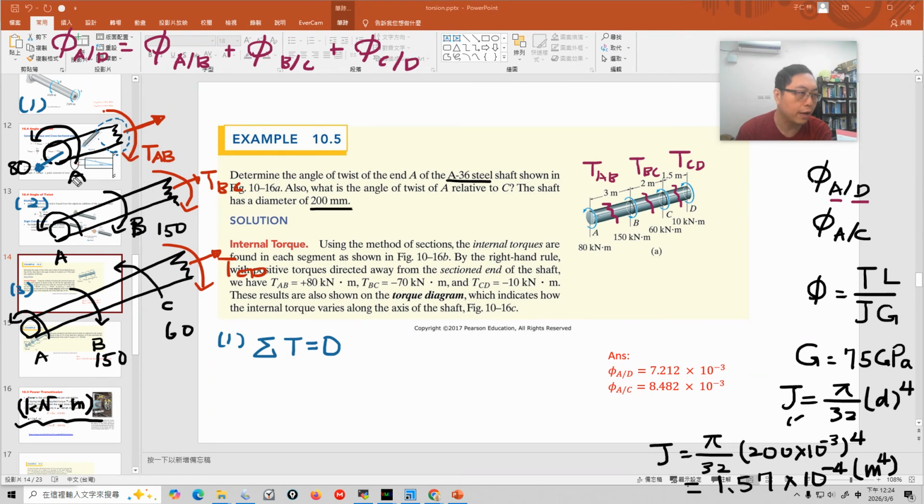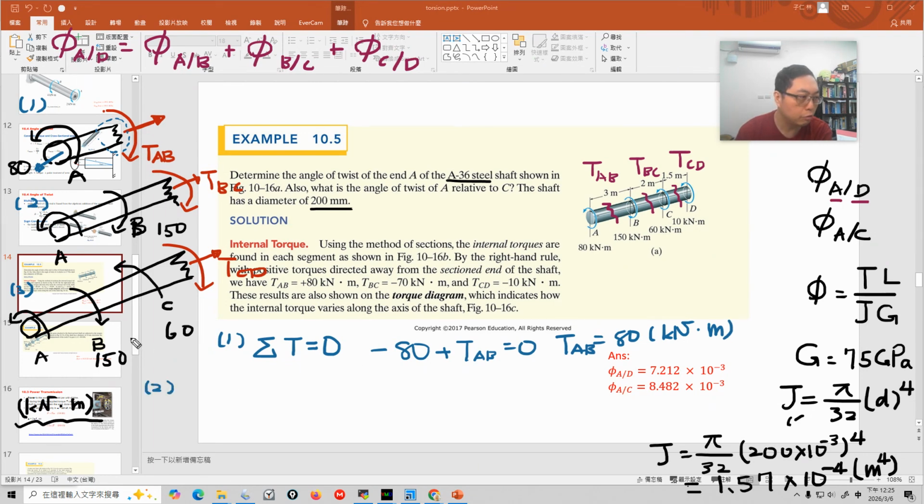So for torque A, the thumb direction is inward to the surface, so its sign is minus 80, plus TAB is equal to 0. So you have TAB is equal to 80, and don't forget the unit, kilonewton times meter.